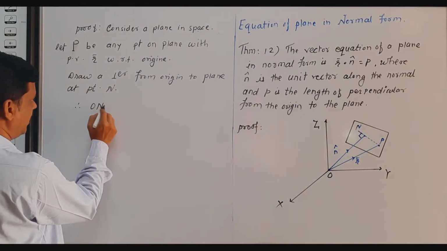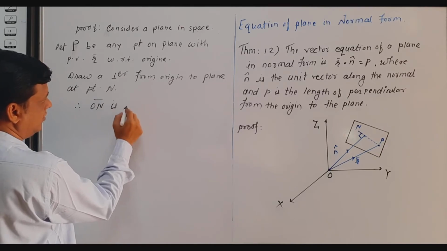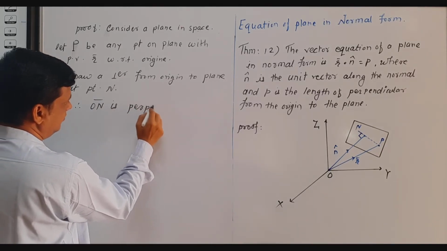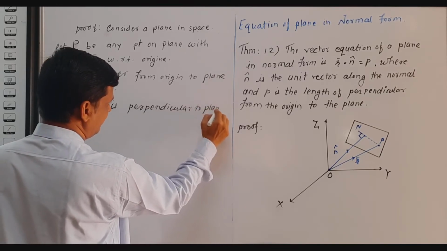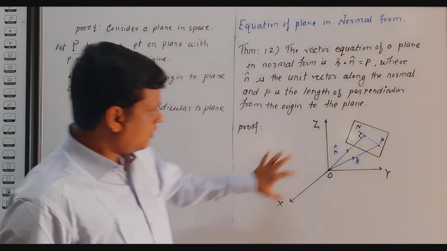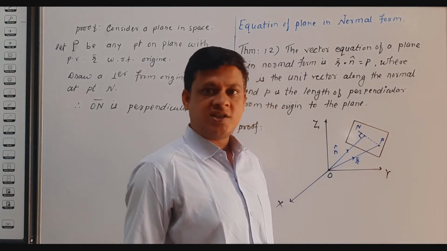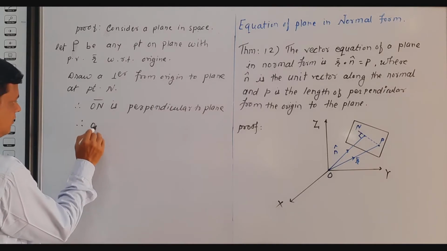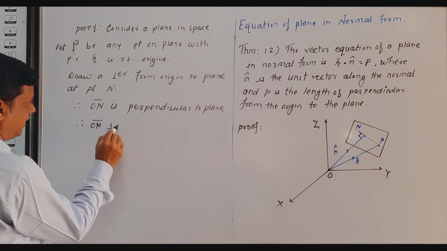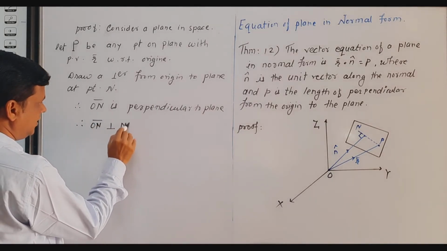Therefore, vector ON is perpendicular to the plane. That means this ON is perpendicular to NP, therefore ON bar is perpendicular to NP bar.